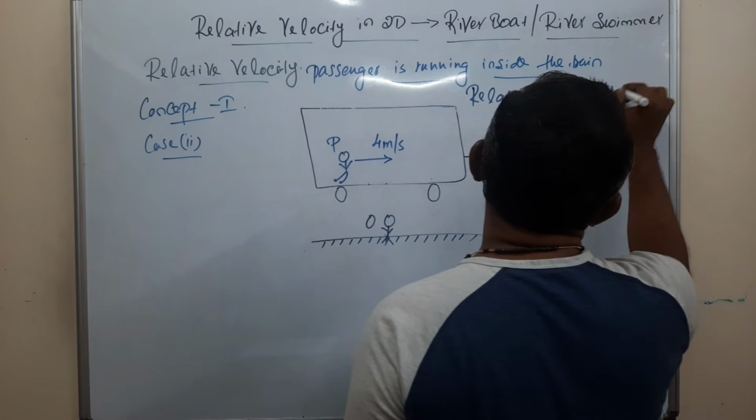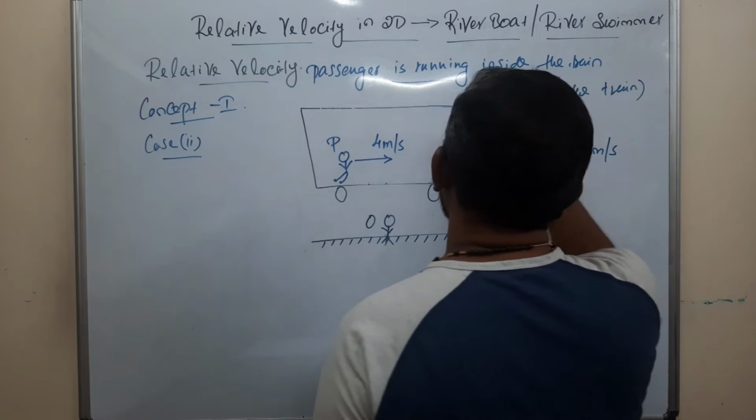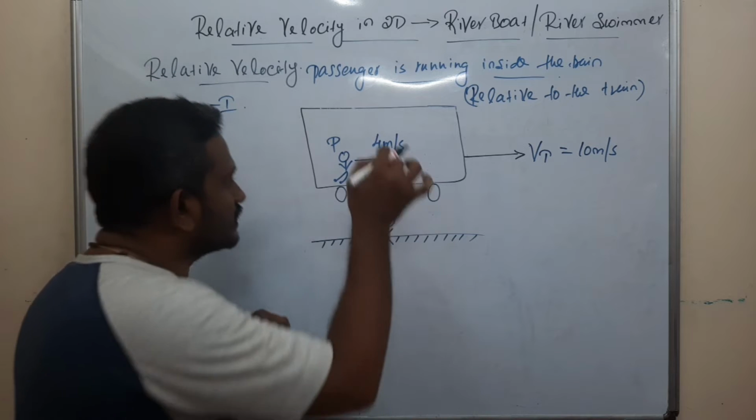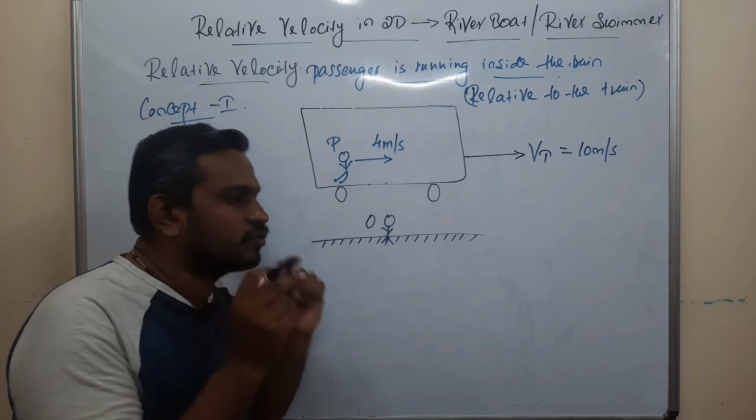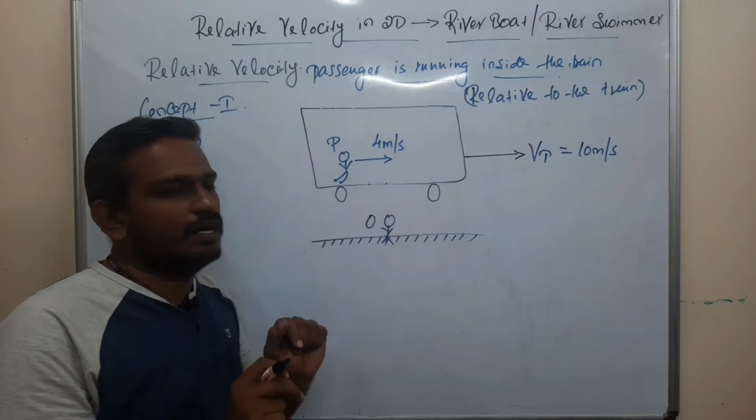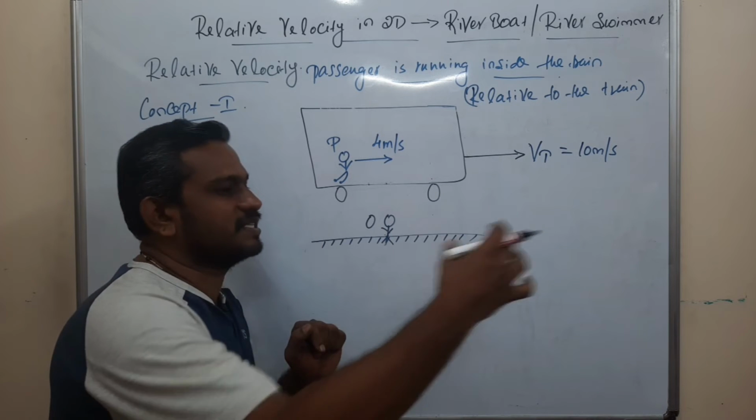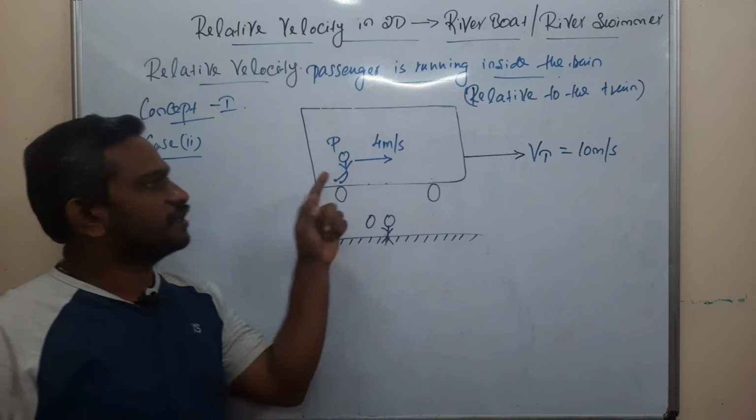So what is the meaning? The observer is sitting inside the train and watching. He finds that the passenger is running inside the train with a speed of 4 meter per second.